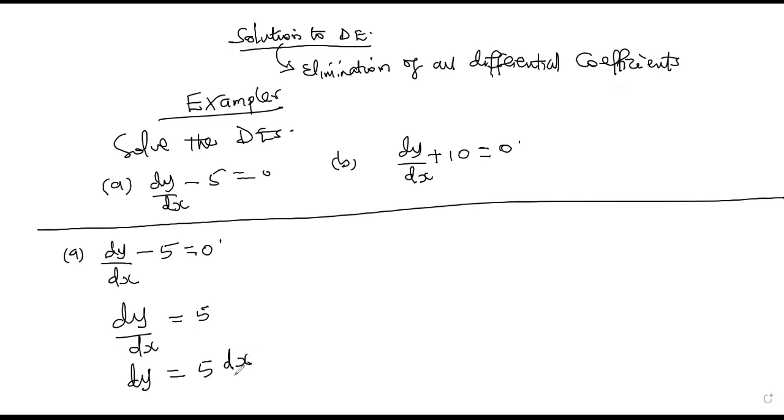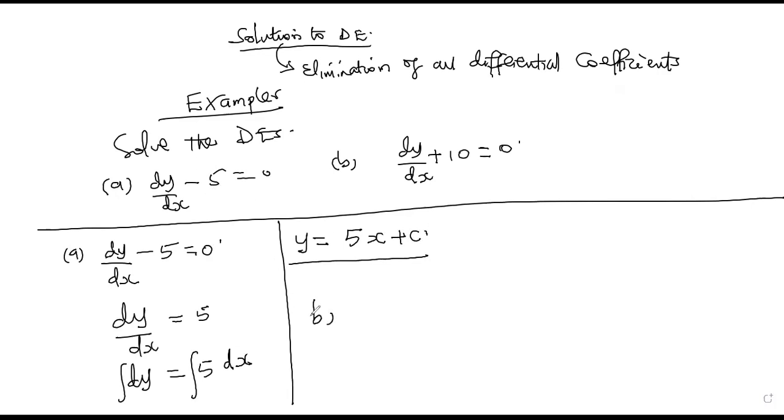If you integrate both sides, integrating dy you get y, and integrating 5 dx you get 5x plus a constant of integration. What you have obtained is what we call a solution to this differential equation.